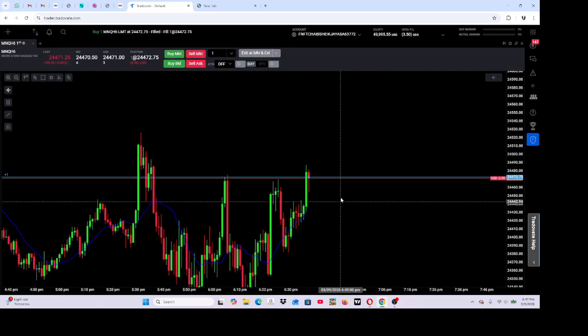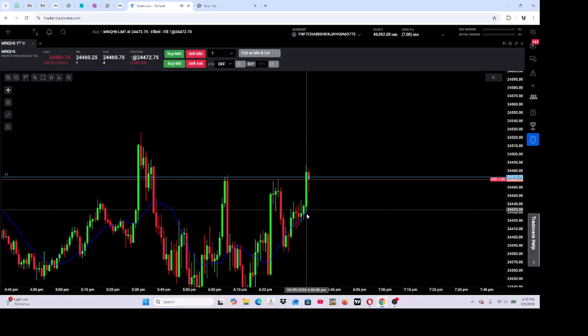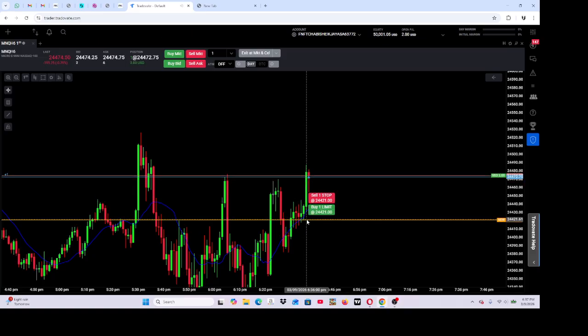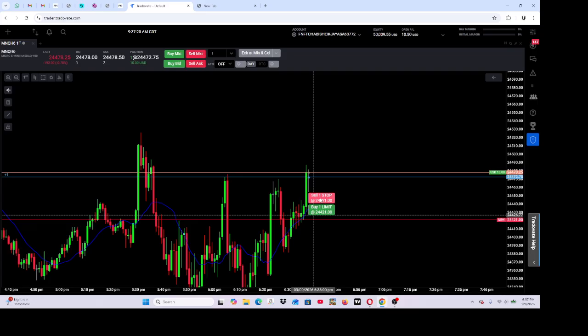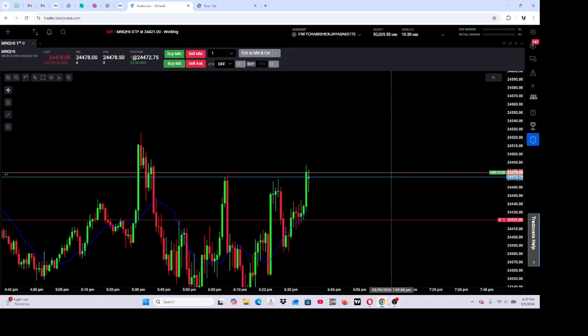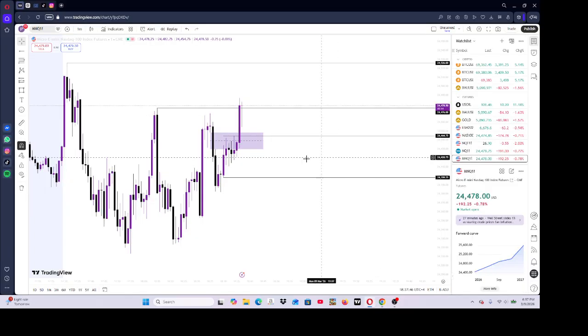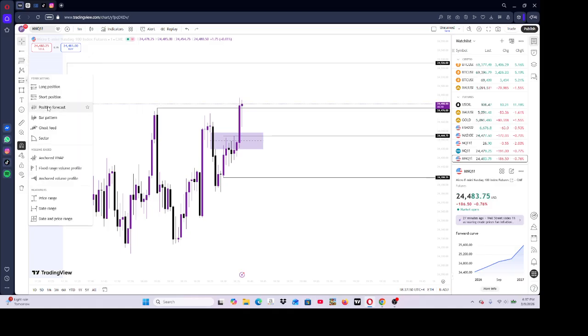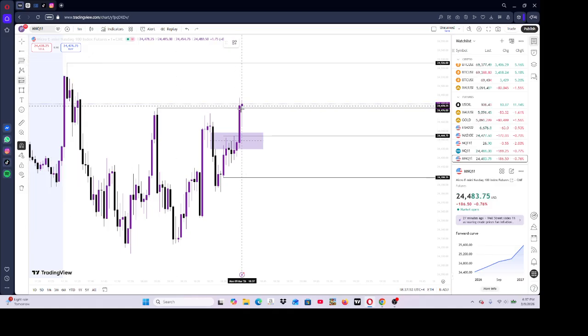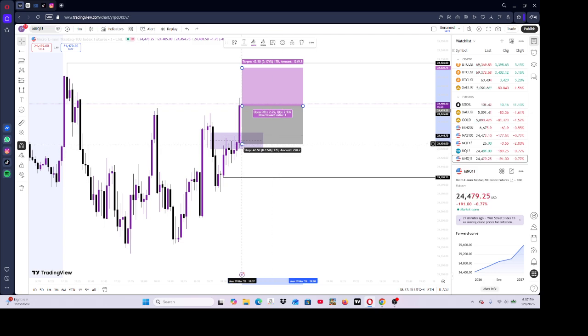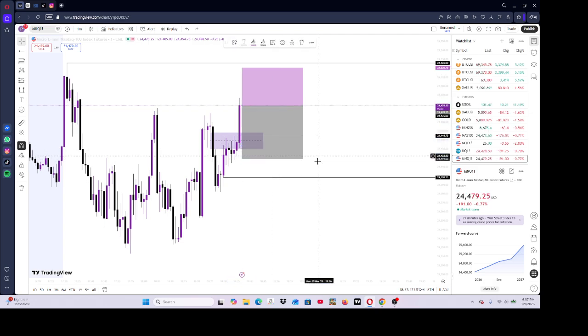Entering here. Order filled. Entering the longs in here. Stop loss underneath these lows.